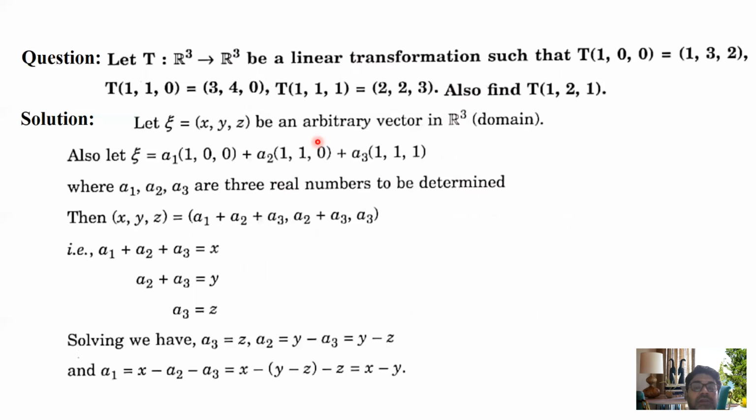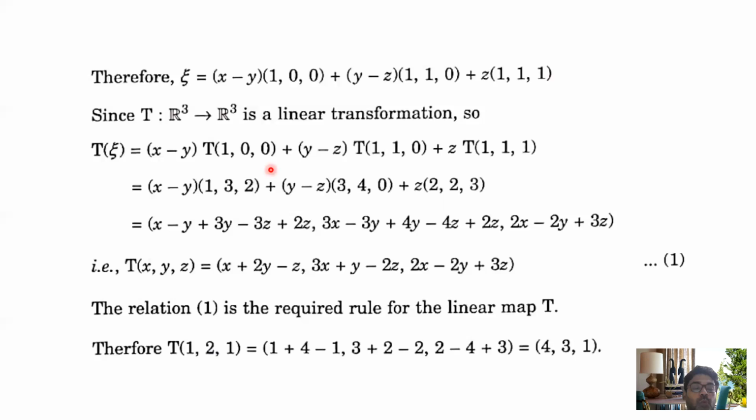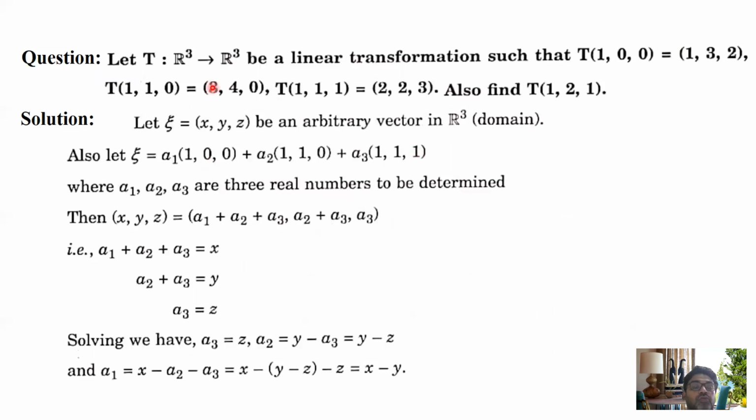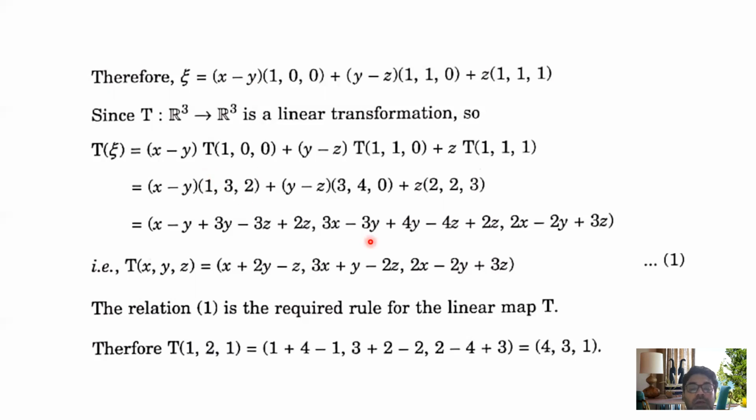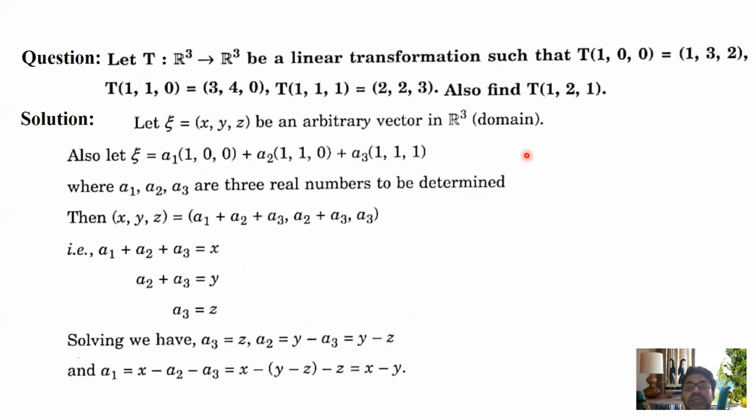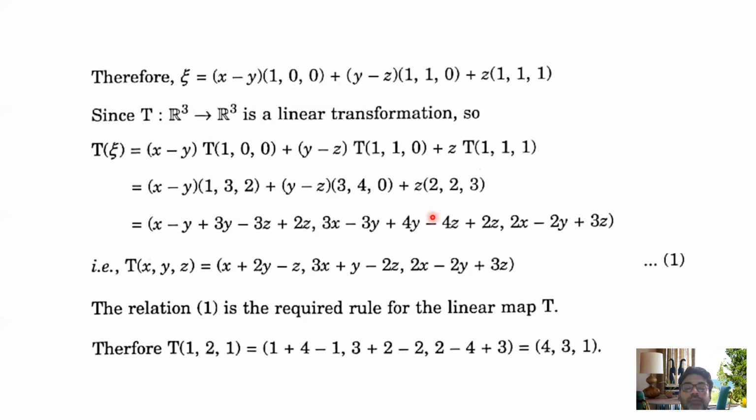From the given information, T(1,0,0) is equal to (1,2,3), so substitute that here. Similarly T(1,1,0) is equal to (3,4,0), and T(1,1,1) is equal to (2,2,3), so substitute those here.